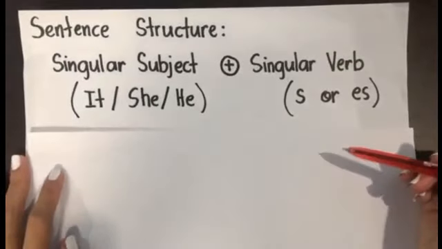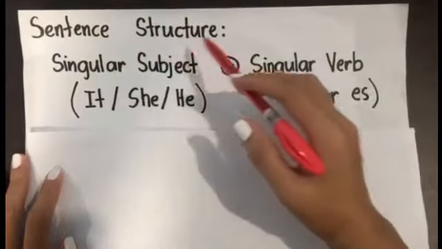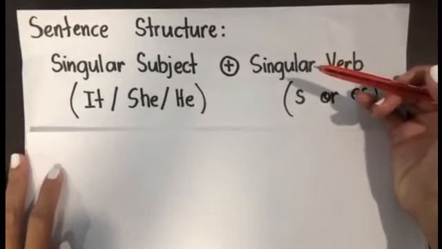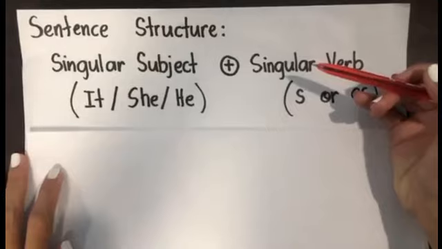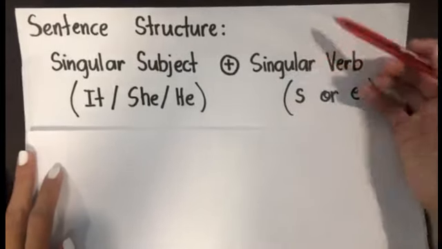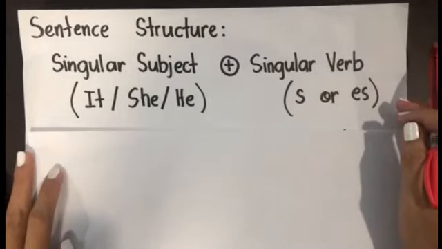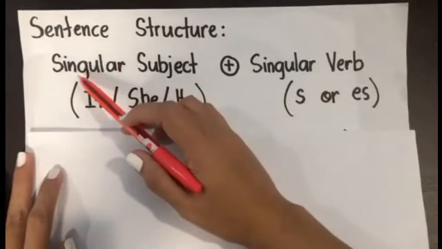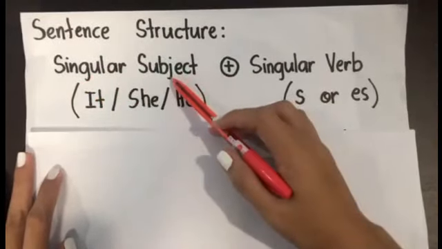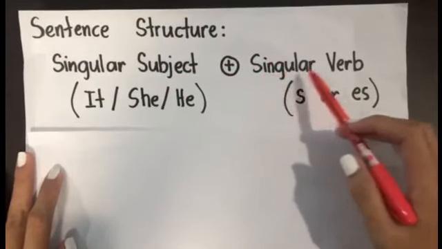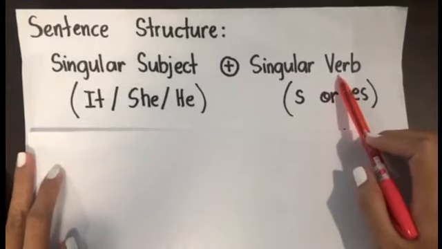Now let's talk about the sentence structure of the simple present tense. Always remember that in making sentences, we have to follow the subject and the verb agreement, in which if you are going to use a singular subject, it must be followed with a singular verb at the same time.